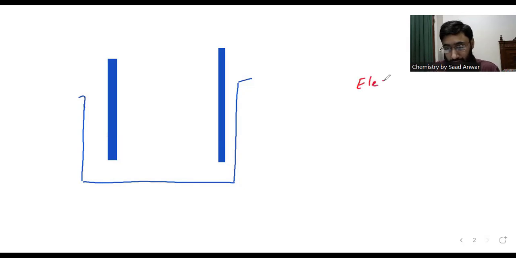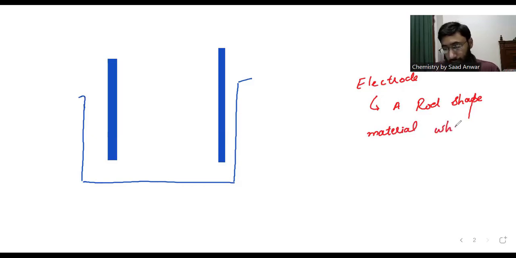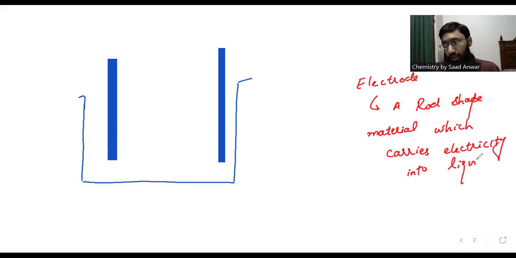Let me write what an electrode is. It is usually a rod-shaped substance which carries electricity into a liquid.